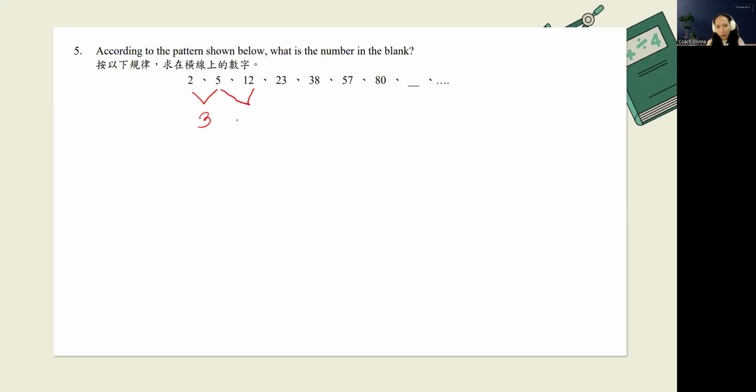To get to 12, you'll have to add 7. I just did that by subtracting 12 and 5, that's 7. Between 2 and 5, I got 3 by subtracting 5 and 2. Here, 23 minus 12, you'll get 11, and then here, you'll get 15 as the difference. As you can see, there is no constant number being added.